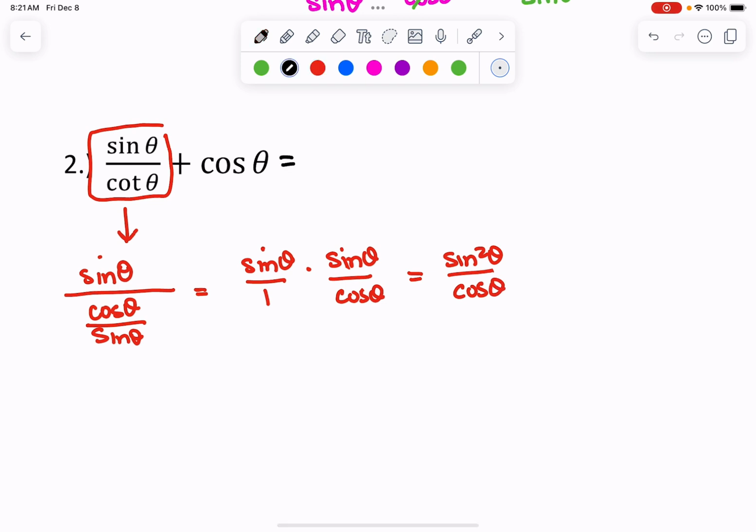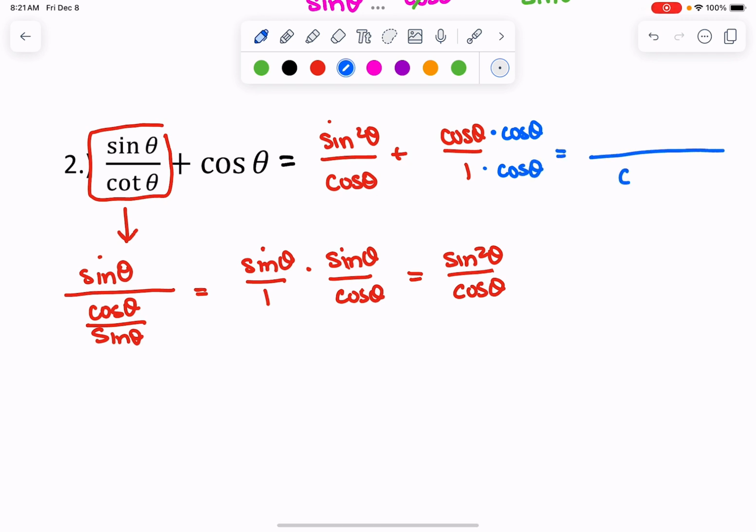So now I can rewrite this as sine squared over cosine plus cosine over 1. My common denominator is going to be cosine, so I'm going to multiply my second fraction by cosine over cosine. I now have a common denominator of cosine.